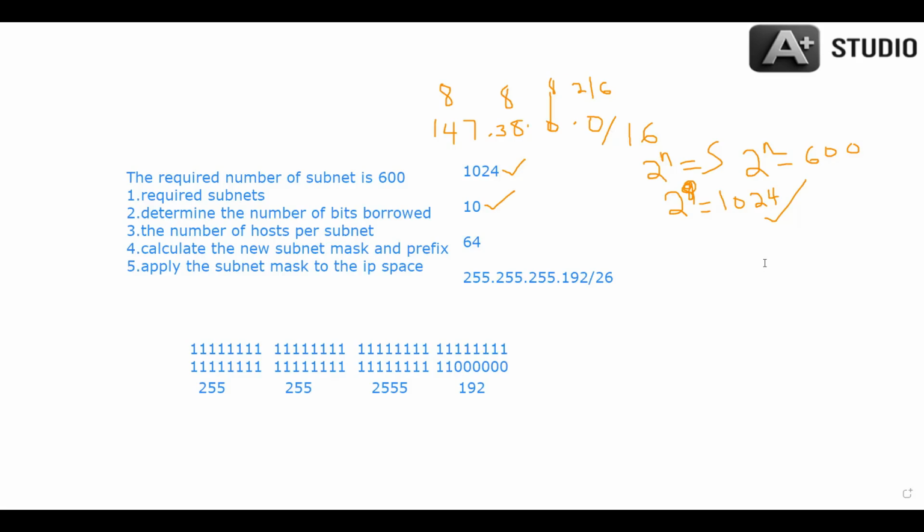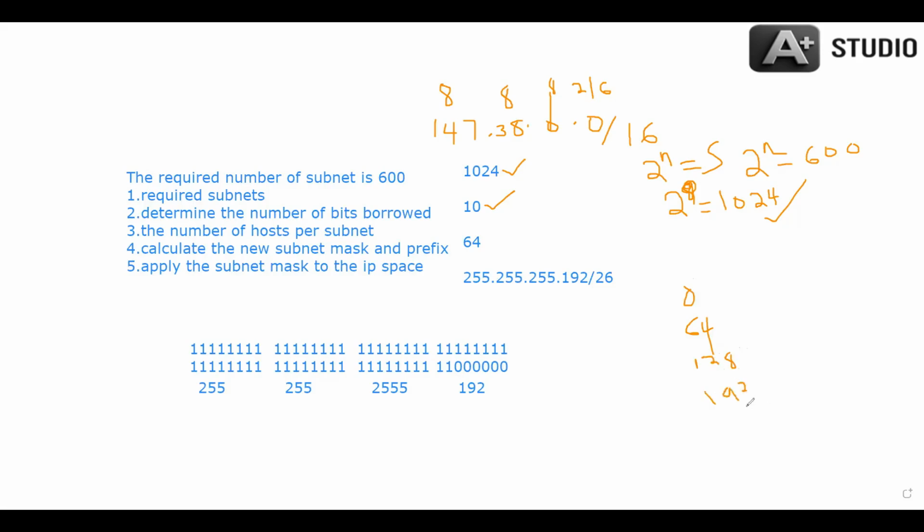So 128 plus 64. Let me just write them down here. Okay. So this one becomes dot 0, dot 64, 128. And then plus 64 becomes 192. Okay.